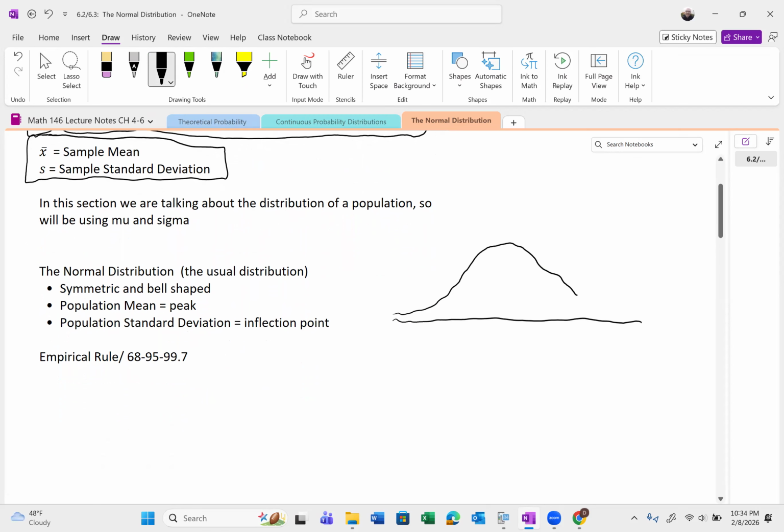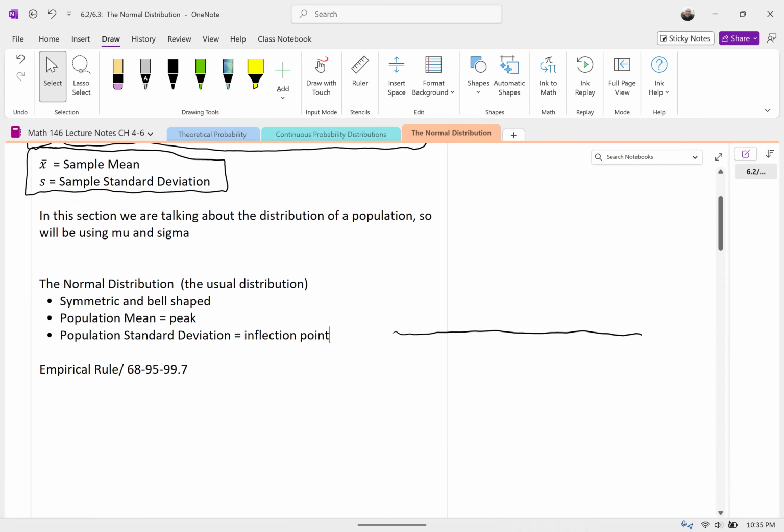It's a nice bell-shaped distribution that is nice and symmetric. There we go, a little bit better.